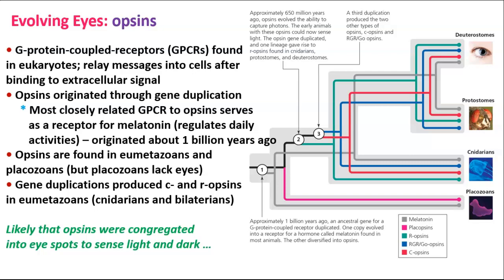So there's where our opsins originated. So now opsins are found in eumetazoans and placozoans, but placozoans don't have eyes. So it's interesting.